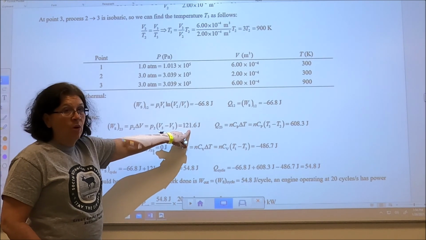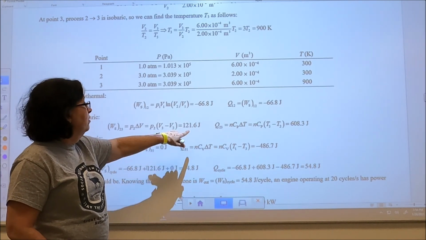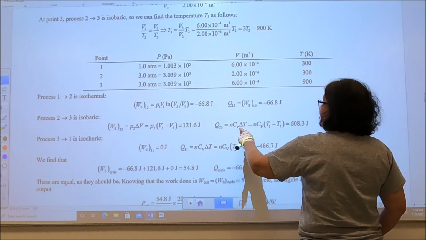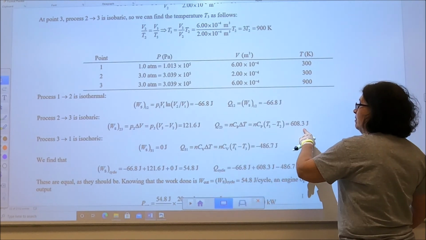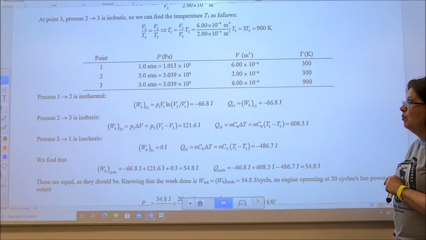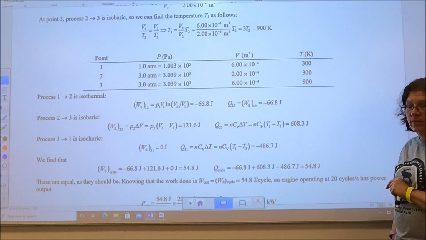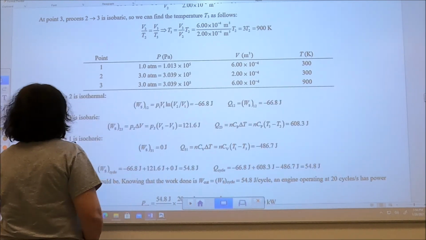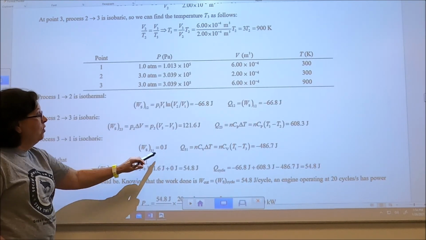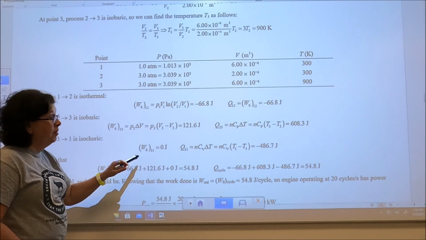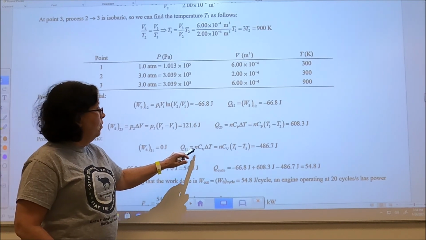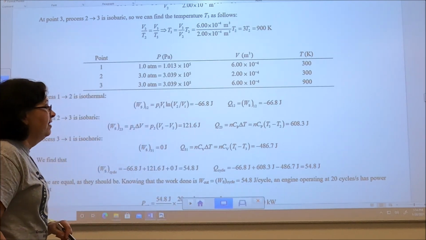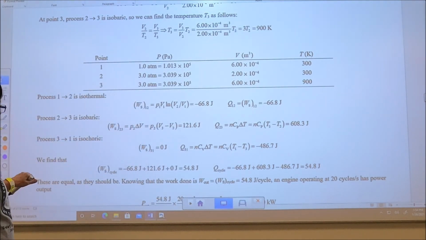So that's energy flowing out. And Q is n C_P delta T, so 608.3 joules. Process 3 going to 1, the isochoric process, work is 0. Volume is not changing. The Q is n C_V delta T, minus 486.7 joules.